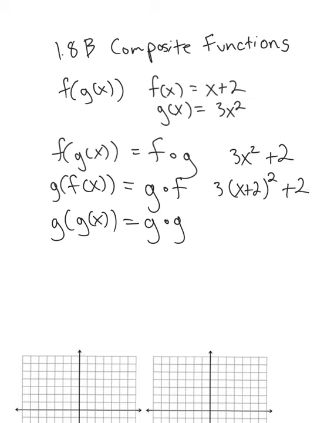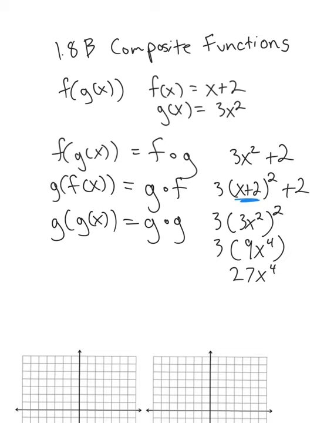Of course, we would have to FOIL this out and simplify. Lastly, g of g, well, that would just take 3, and we take 3x squared again, and then that is squared. So this actually becomes 3 times 9x to the 4th, which is 27x to the 4th for g of g.